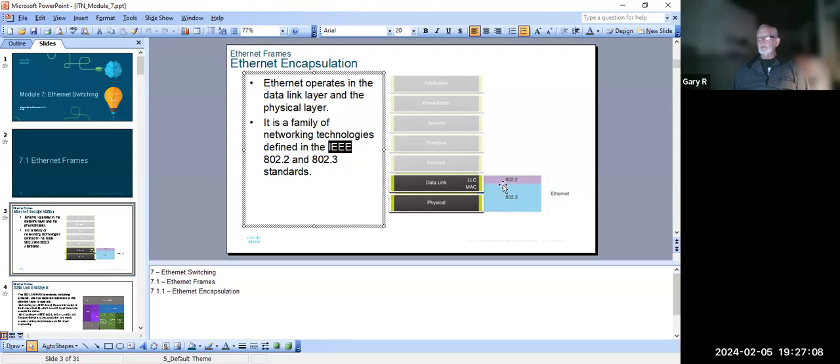So this standard does not line up exactly with the OSI model. And the model is just that. It's only a model. It does not constrain anybody actually, but conformity to the model tends to promote interoperability between systems.